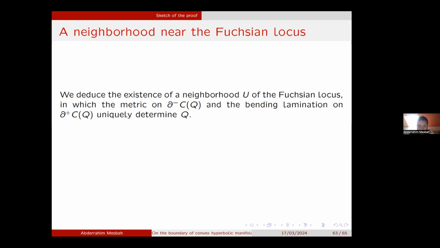So far, we can deduce that there is a neighborhood of the Fuchsian locus in which the map that associates an induced metric and a measured lamination is injective. But we don't know if this map is not injective outside this neighborhood.